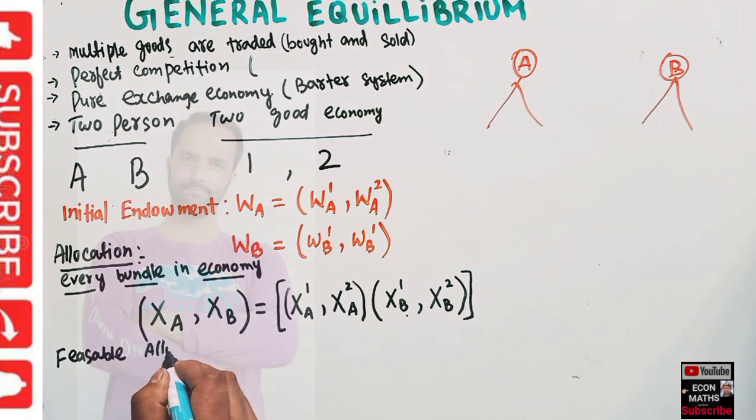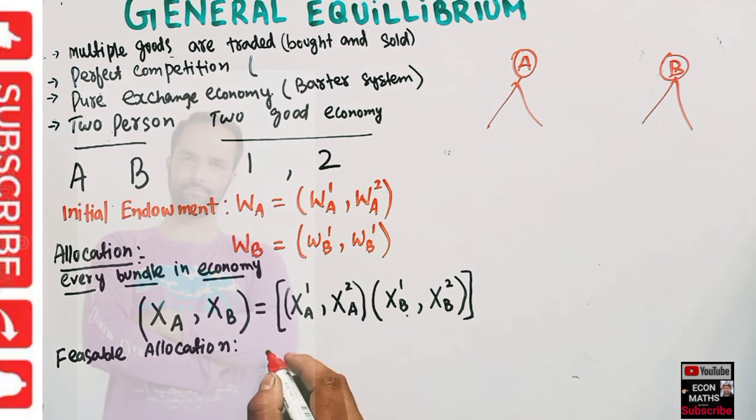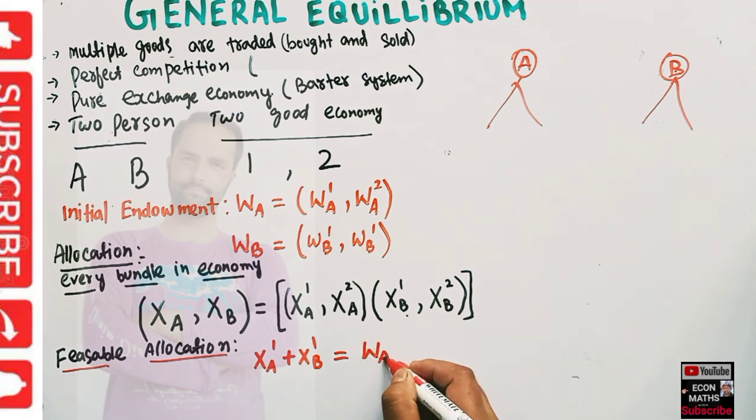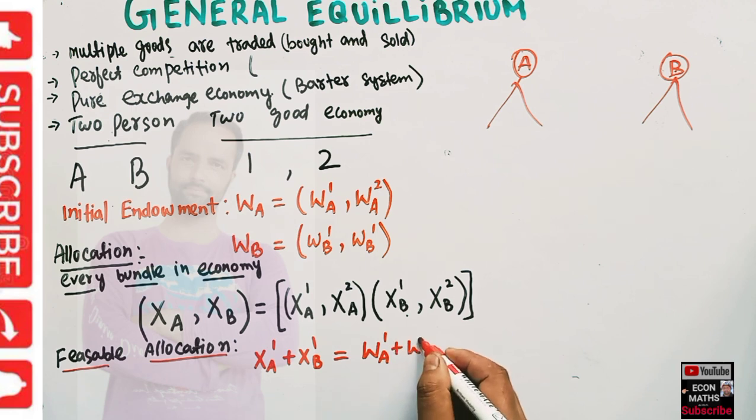We say an allocation is feasible if XA1 plus XB1, which shows the total demand of good 1 by person A and B, is equal to WA1 plus WB1.